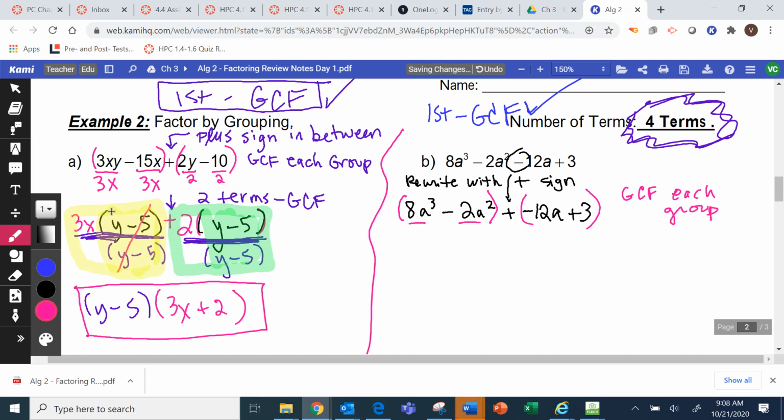So what is our GCF for 8a to the third, 2a to the second? Macy, what divides into 8 and 2? Does 4 divide into 2? Not evenly. So what divides evenly into 8 and evenly into 2? 2.